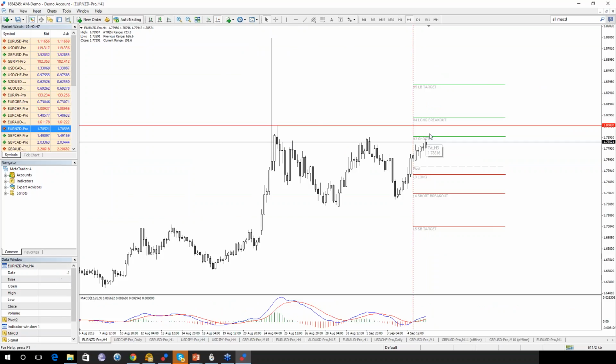So Euro New Zealand should go up if it breaks this level here, 1.8001, a round number. This level should break, and 80.00, if it breaks, it should go here and eventually here. So Euro New Zealand is indeed making a bullish W.